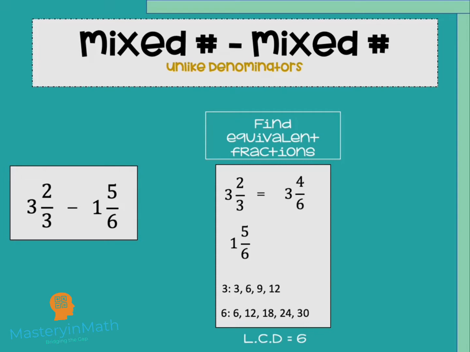2/3 is 4/6. And notice that I'm keeping my whole number with my fraction because I don't want to separate them. And since we are subtracting, we want to make sure that we keep everything together so that we're not forgetting to subtract our whole number when we get to the end.